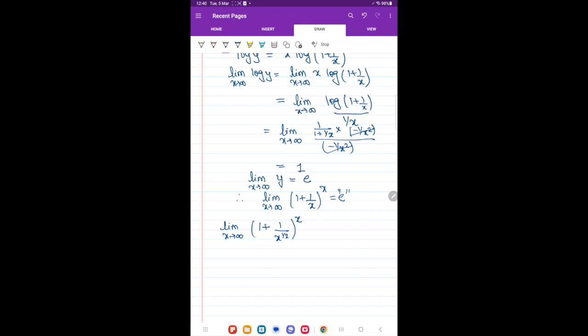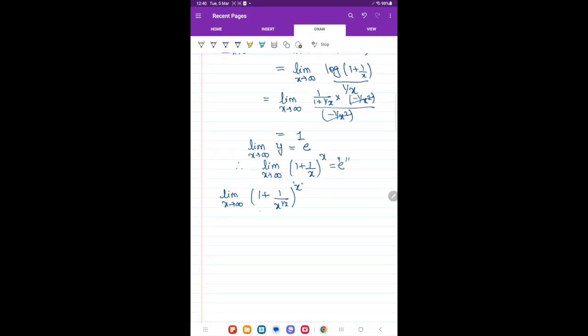So what is happening here? Here f of x is approaching 1 slowly as compared to g of x, and therefore the answer should be very large intuitively.